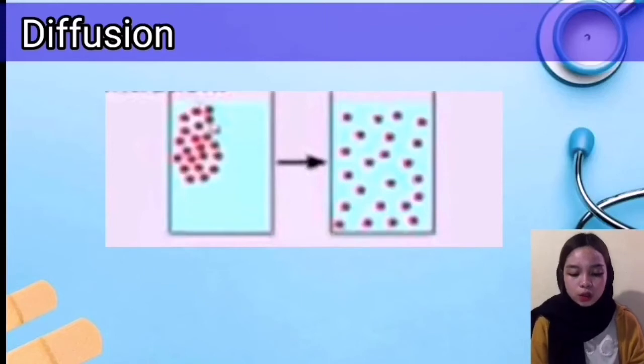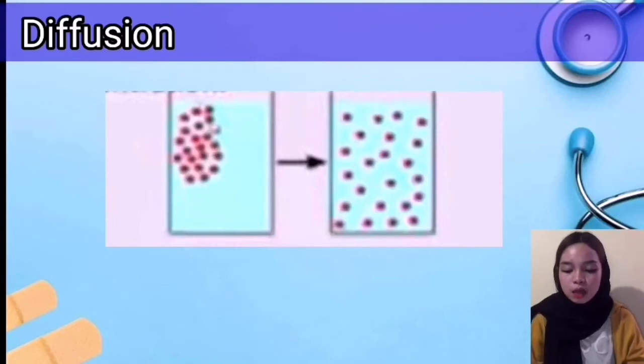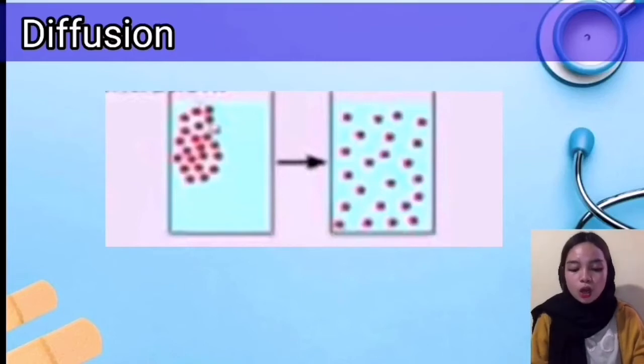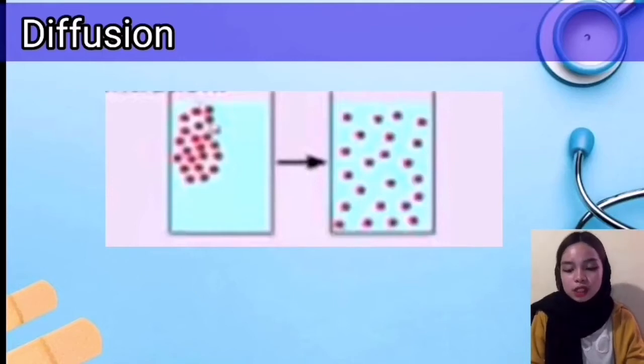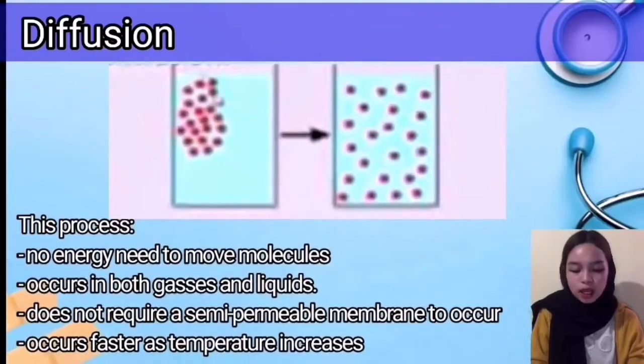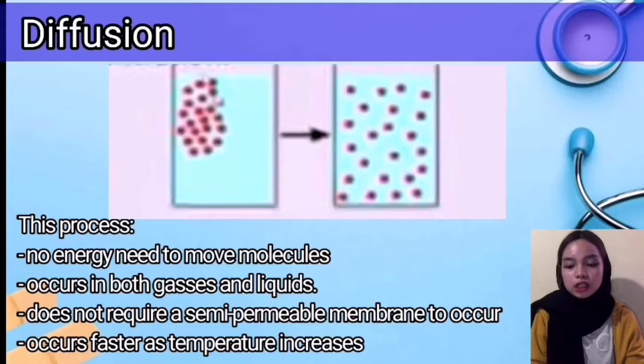Another thing to know about diffusion is that the process does not require a semi-permeable membrane to occur, although in our body it commonly would, because the cell has a semi-permeable membrane, which is the cell membrane. Most of these processes in our body happen across a semi-permeable membrane, but it is not absolutely necessary for diffusion to occur in general.